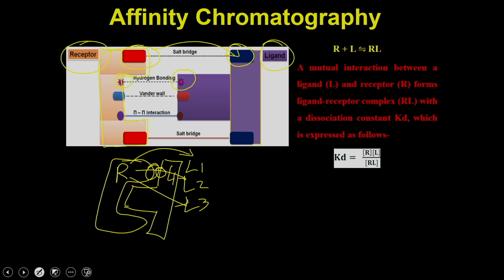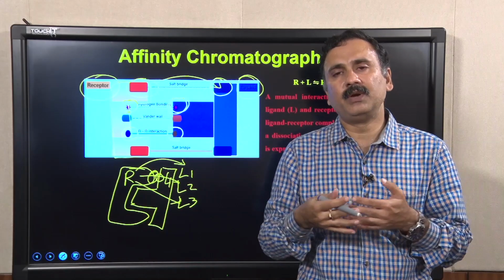If you have a hydrogen bonding donor, you should have a hydrogen bonding acceptor, so that there will be interaction between these two groups. Similarly, if you have a group on the receptor involved in a pi-pi interaction, then you should have the complementary group present on the ligand, and the position as well as the group should be complementary to each other.